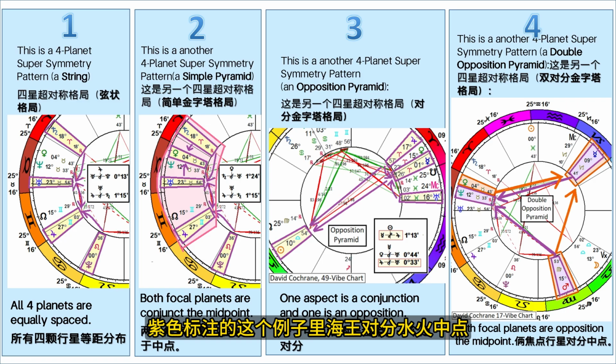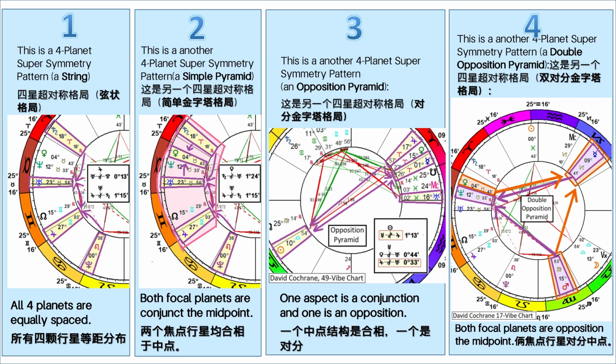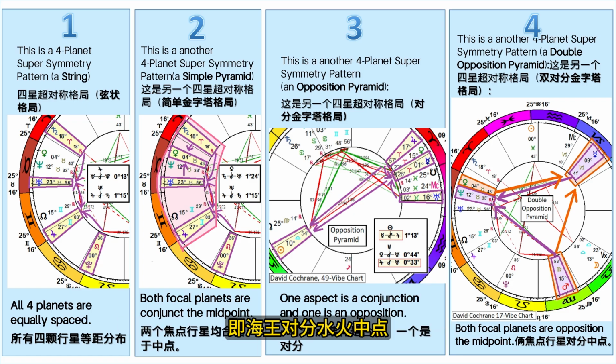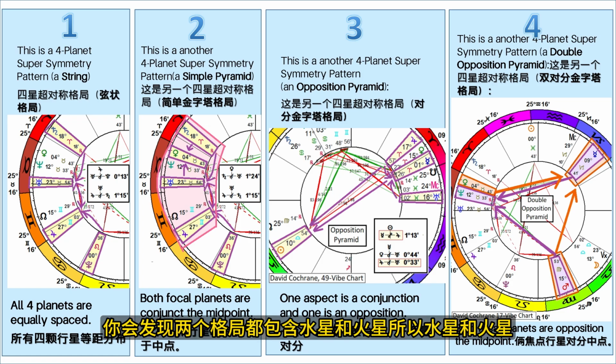And the one that I have here in purple, I show that Neptune is opposition the Mercury-Mars midpoint. So all three of these are in the purple color, Mercury and Mars with the arrows going to Neptune. So Neptune is opposition the Mercury-Mars midpoint. And then Mercury is opposition the Venus-Mars midpoint. And you'll notice that both configurations have Mercury and Mars.